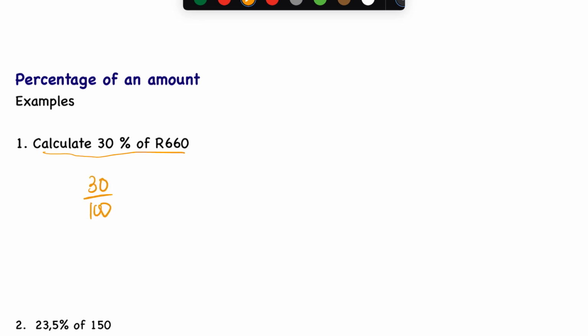We take the percentage and divide by 100 and then times it by what? 660. So when we do that in the calculator, we say 30 divided by 100 and then we times by 660. It's going to be 198 rand. So the 30% of 660 is 198, right?